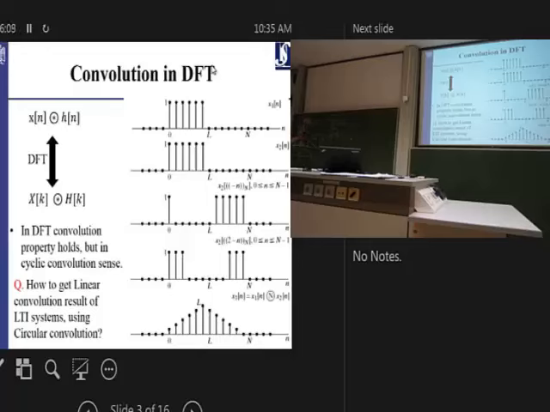So the length of the convolution is more than the length of each of the individual signals, x of t and h of t. That's the regular convolution.